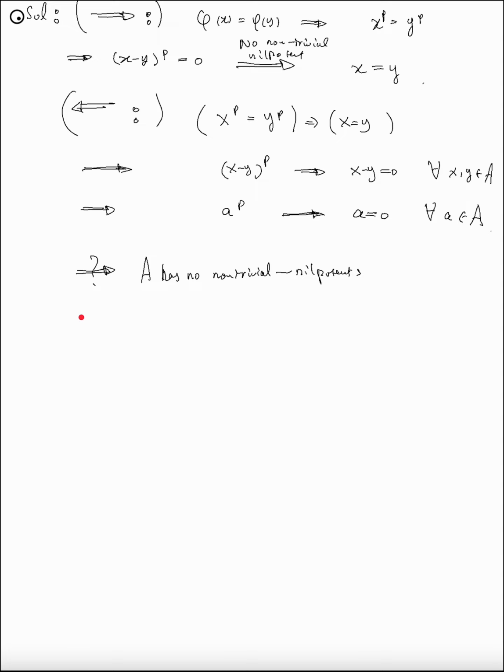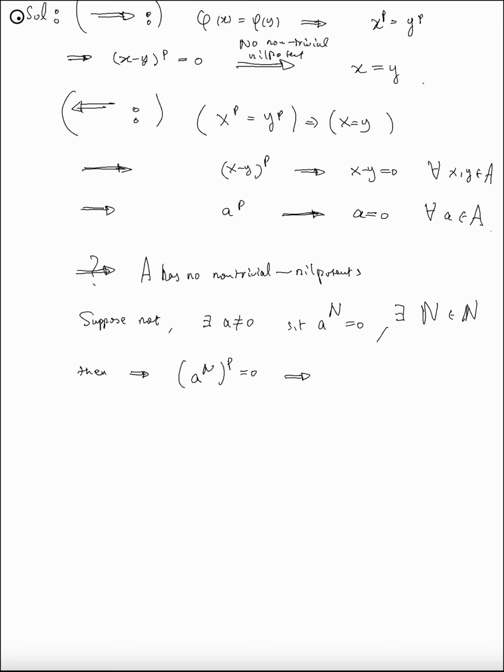I mean, suppose not. If not, then there exists some a non-zero such that a to the power n equals 0, for some n a positive integer, right? And then this implies a to the power n to the power p equals 0.